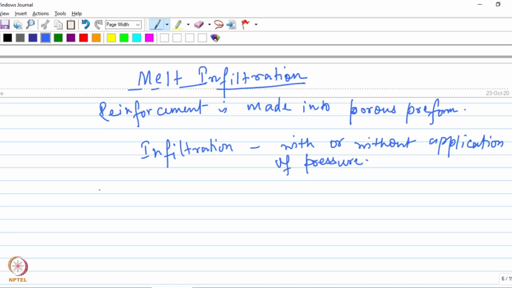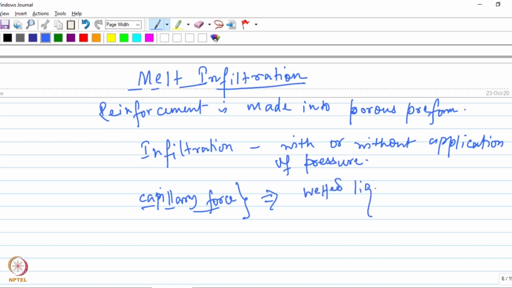When it is done without pressure, it is basically the capillary force that is being utilized. Whenever a liquid comes in contact with a surface having pores, capillary action develops, and that will actually take the liquid into the preform, into these pores, and the preform will be wetted by the liquid.